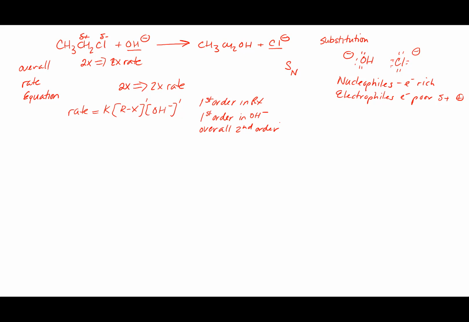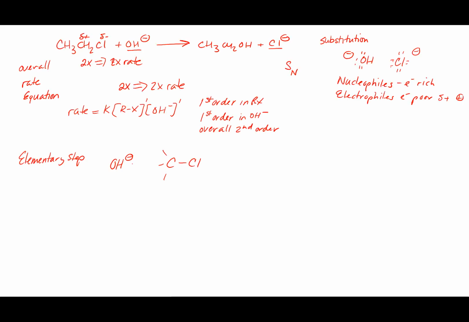So now I really want to know what are the mechanistic steps for this reaction? Step by step, what happens? And so probably the easiest thing to do is let's take the simplest mechanistic step. The simplest mechanistic step, which I always call an elementary step, is that the hydroxide donates its pair of electrons to the carbon, so I'll use a full arrow for that.